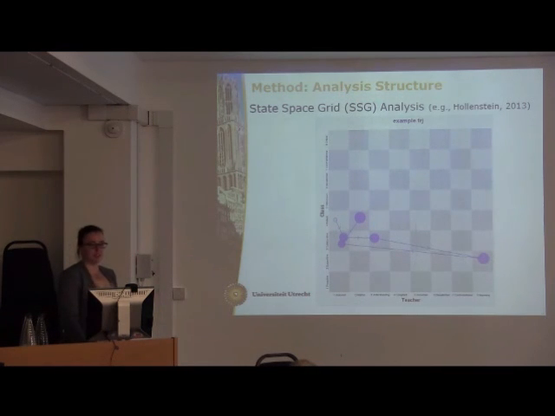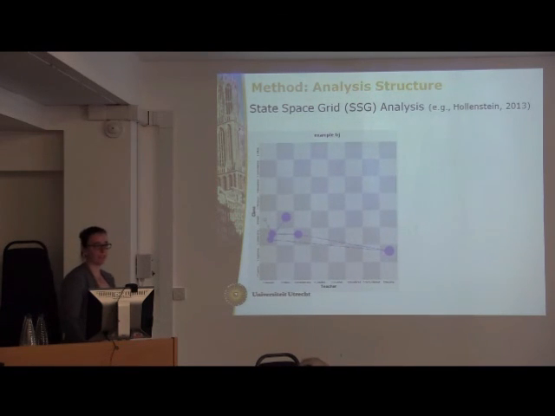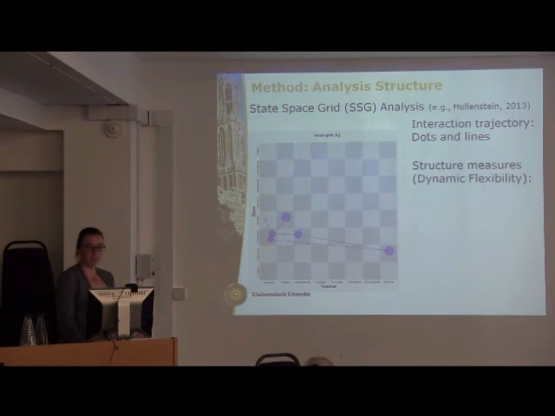It's a nice way of looking at interactions. You can get all kinds of information from this: about structure, the variability of interaction, the predictability, and also about content, what type of behavior those people showed.